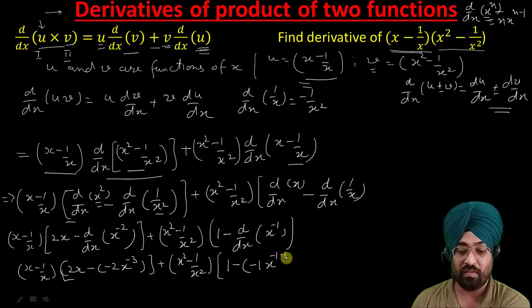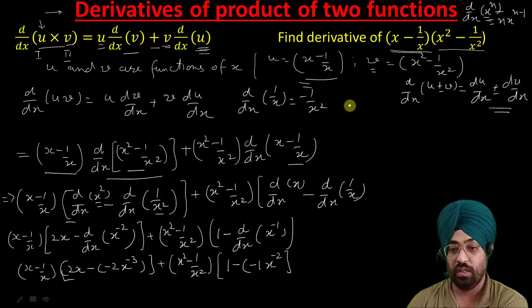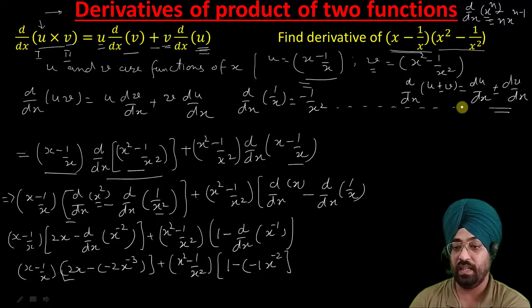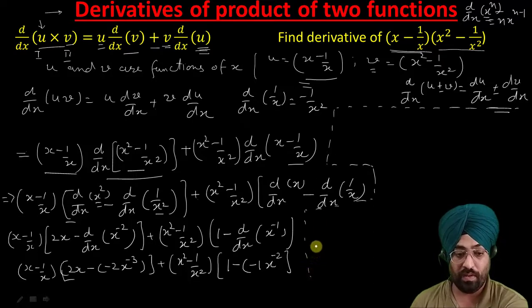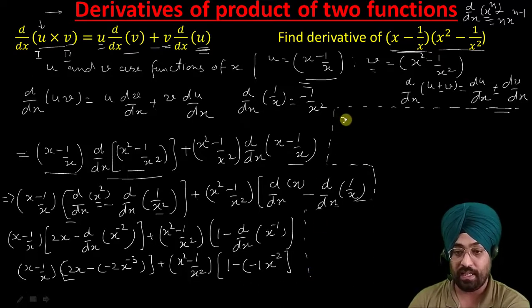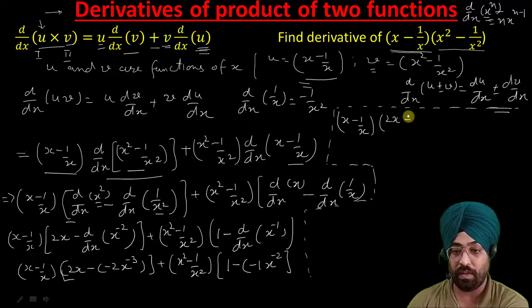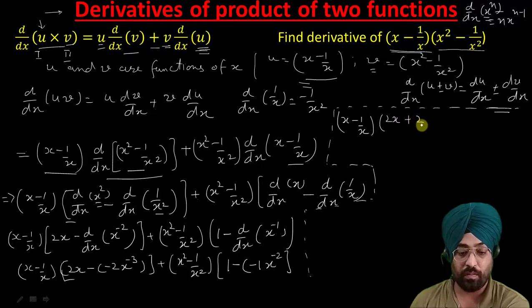So minus 1 is minus 2, so it can be written as minus 1 x raised to the power minus 2. So now I will write here, I will use this space. So from here we can write it as x minus 1 by x into 2x minus 3 plus 2 x raised to the power minus 3.